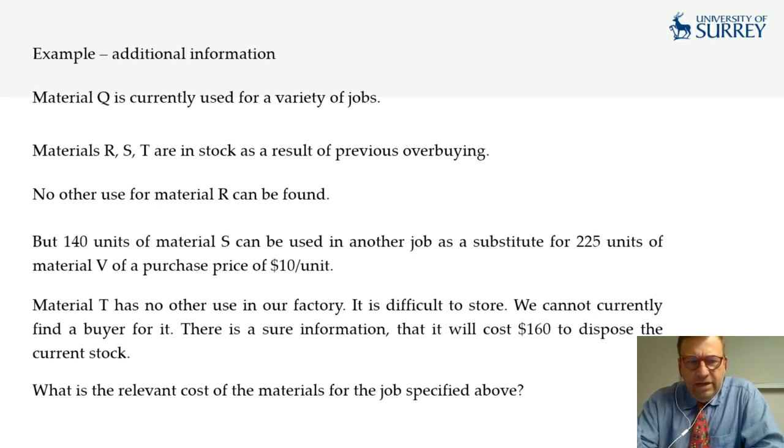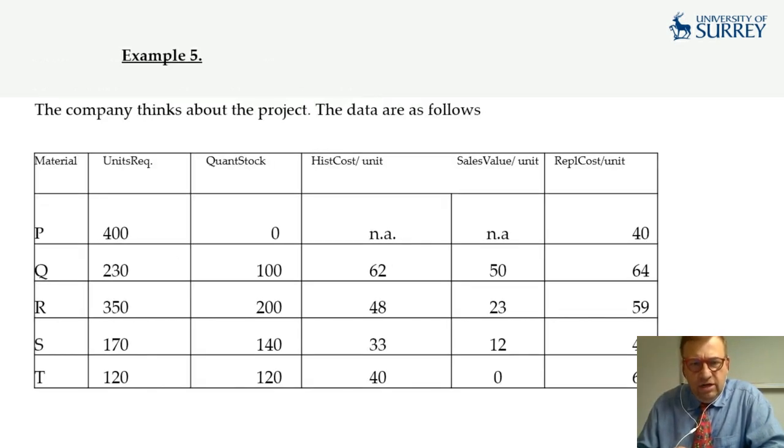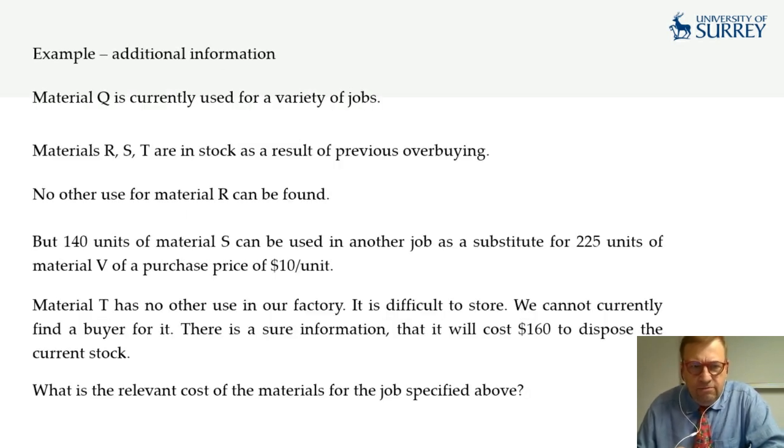The first information that we have is that no other use for material R can be found, unless we participate in this project. So we have this material R, we have 200 in stock, and we cannot find any other use for this material.